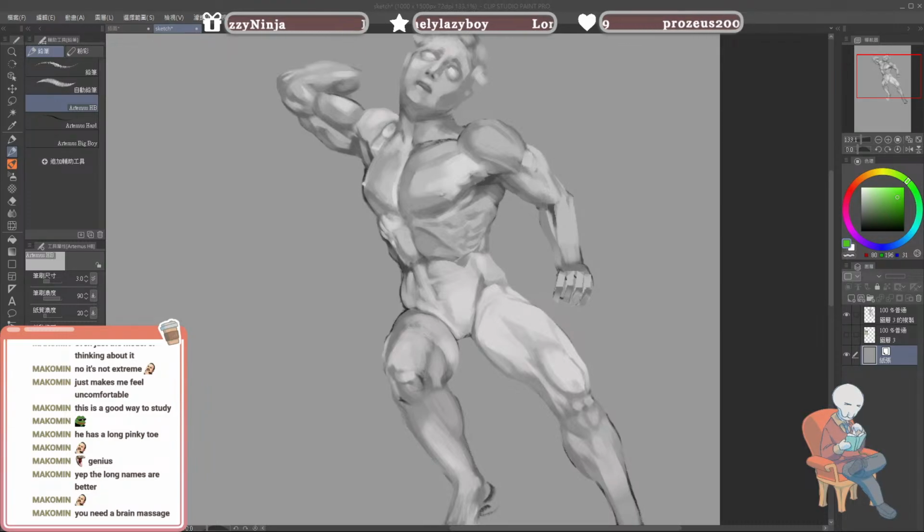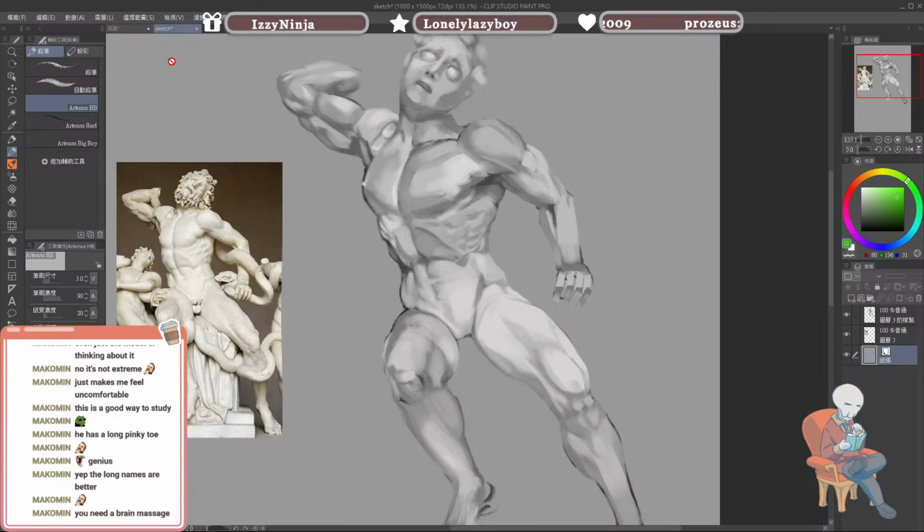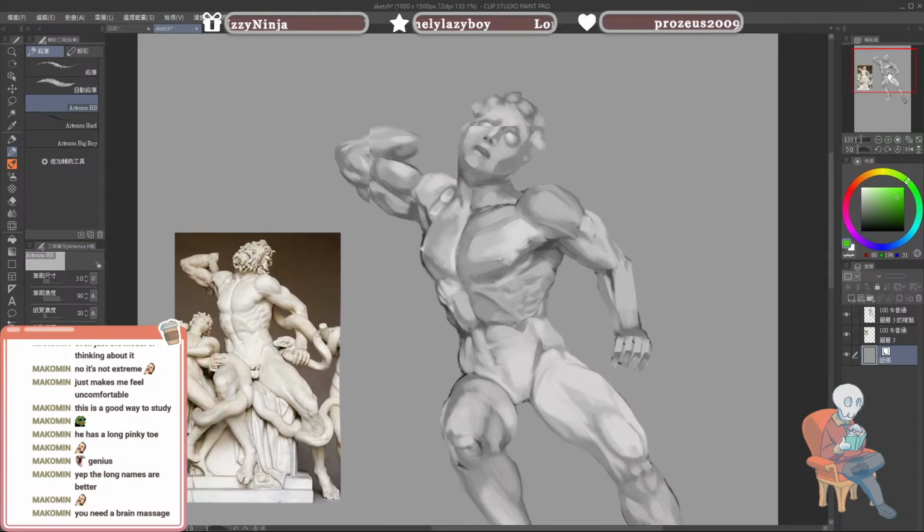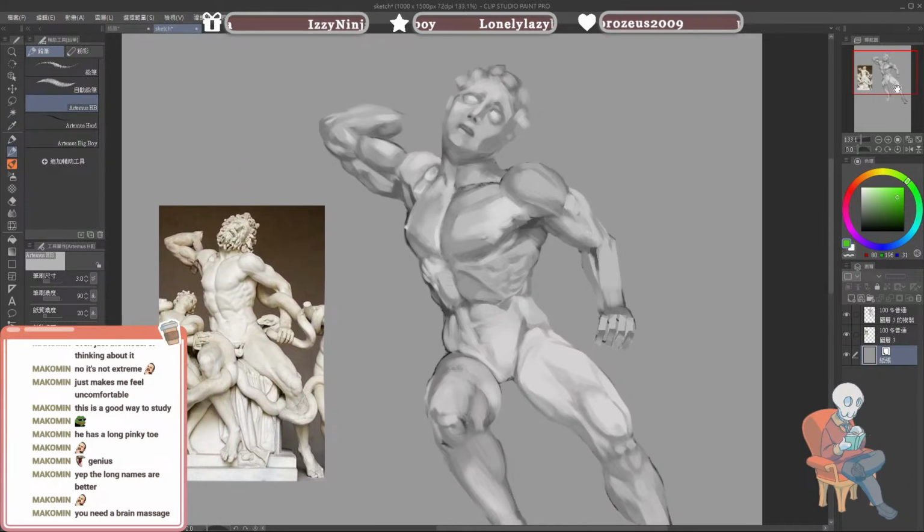What is that? Actually, do I still have the reference for this Greek sculpture? Oh, actually, it's already here. I'm not sure.